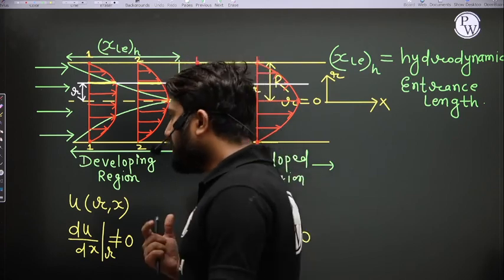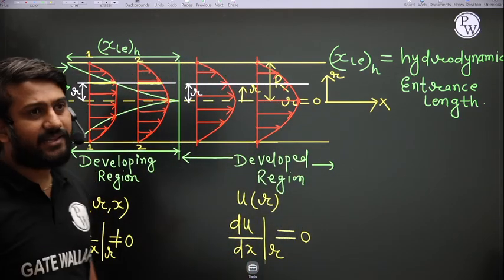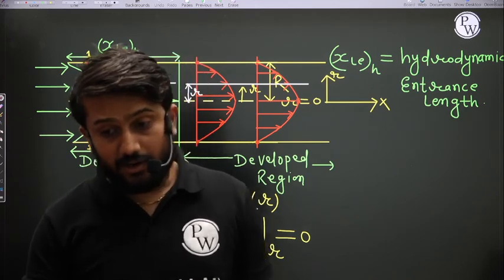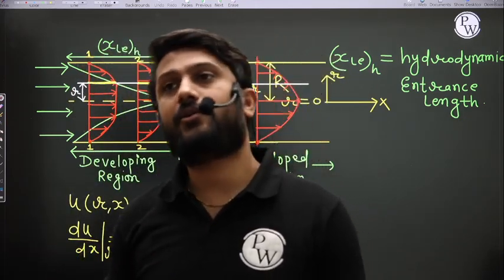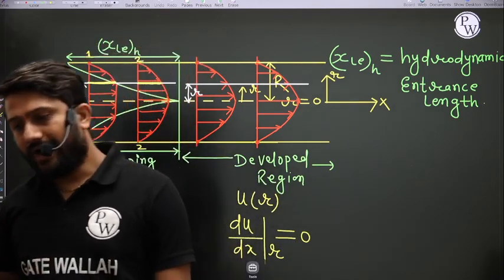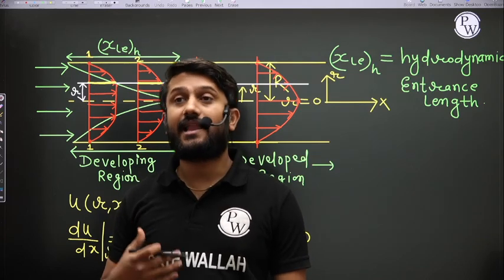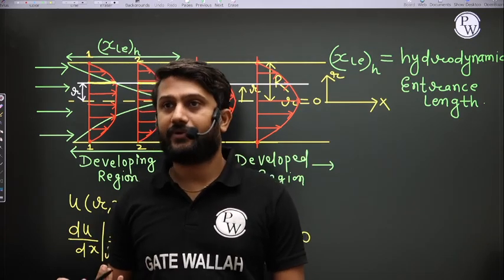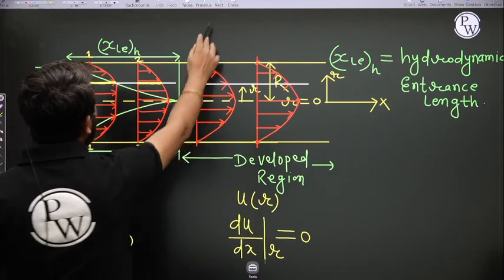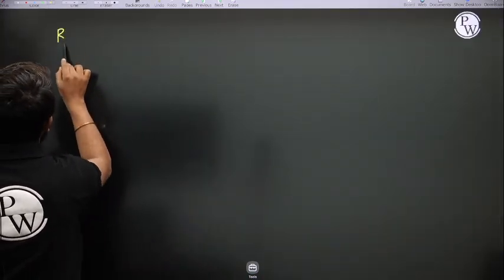To understand whether the flow is laminar or turbulent, first you calculate the Reynolds number. On the basis of the value of the Reynolds number, we can comment whether the flow is laminar or turbulent. So first calculate the Reynolds number.